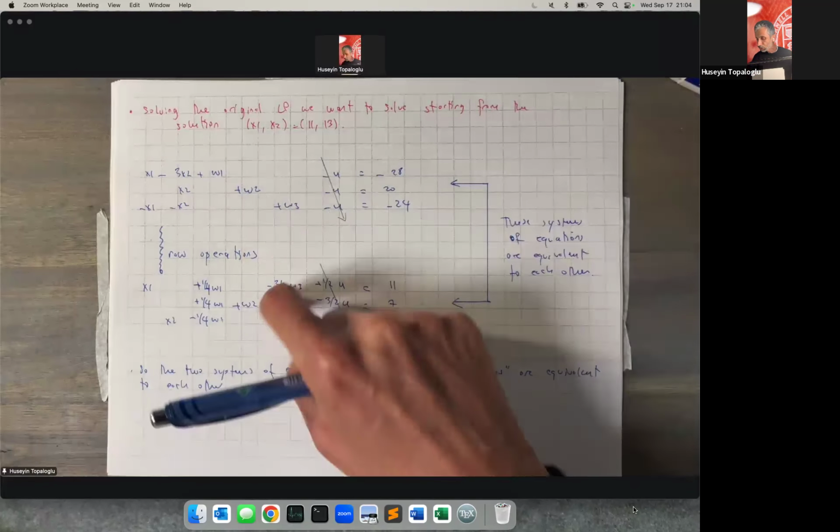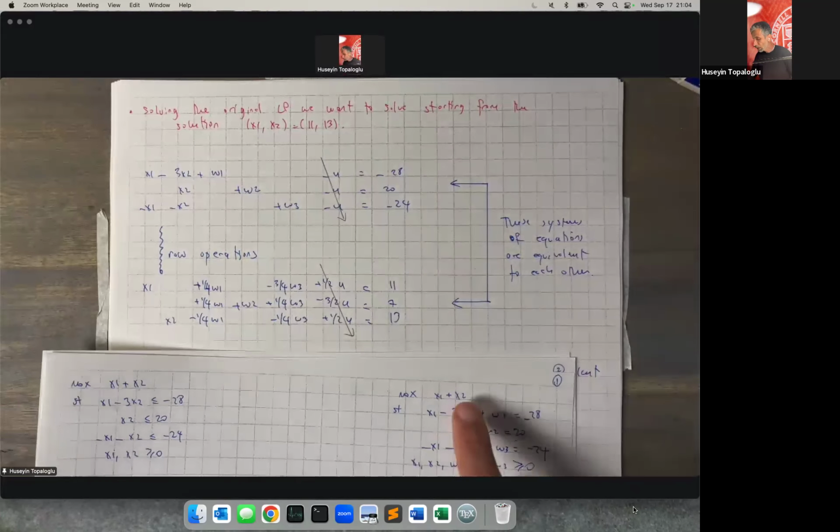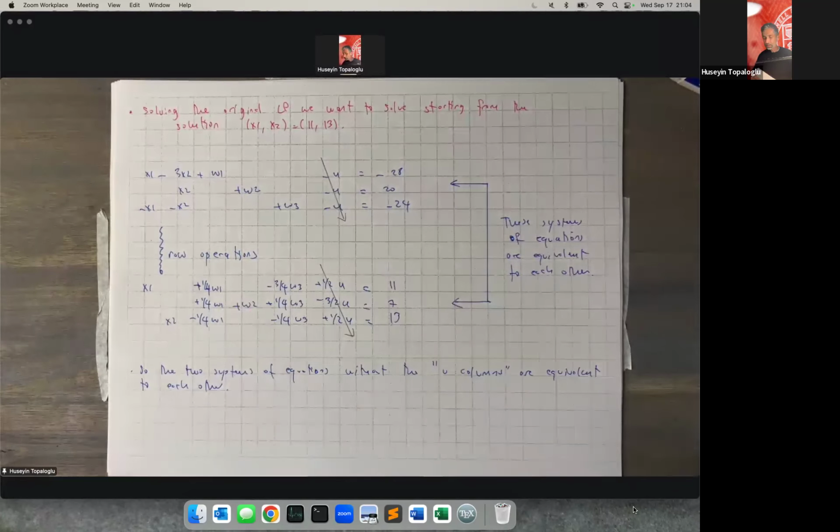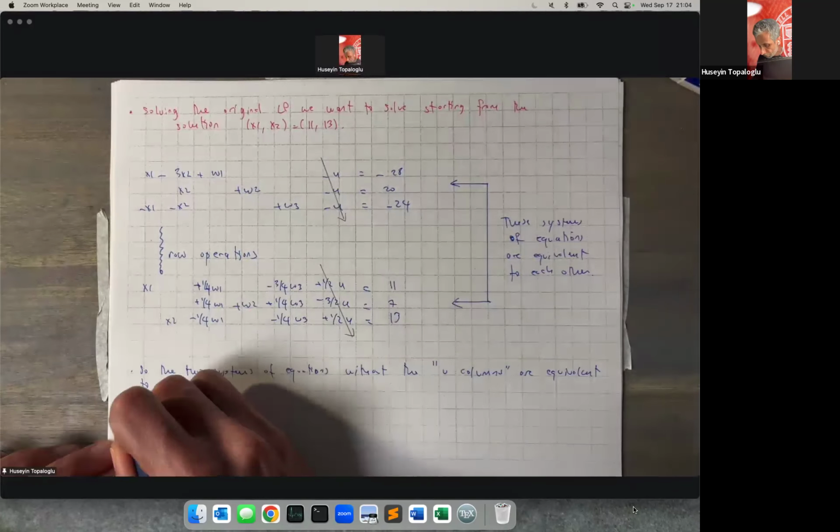But since those two systems are equivalent to each other, to solve my original linear program, I can maximize its objective function subject to the constraints in the second system of linear equations.